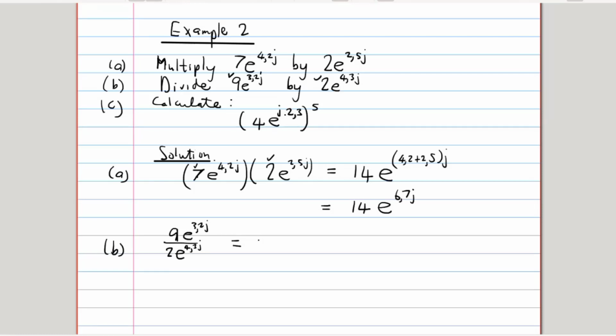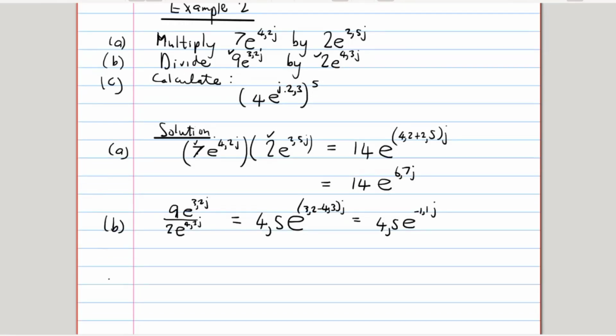So we'll have 4,5. It's 9 divided by 2. And then we just do a subtraction. We say 3,2 minus 4,3 and j. And then you subtract that, and you get minus 1,1j.